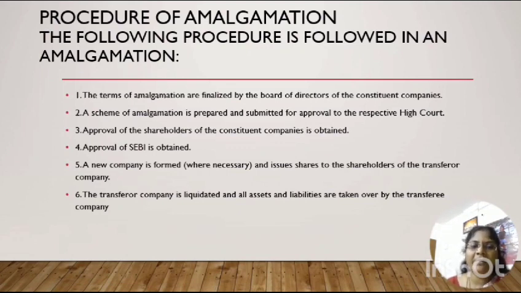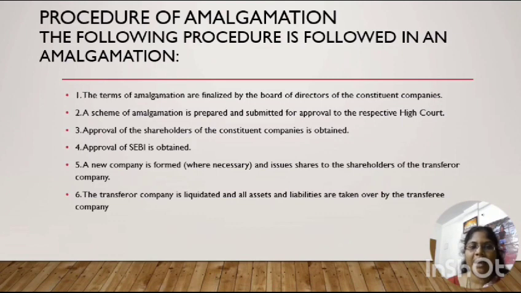Then the scheme of amalgamation is prepared and submitted for approval to the respective High Court. What are their terms and conditions, why they are merging together, and what their composition is after merging, those details will be prepared and sent to the respective High Court.